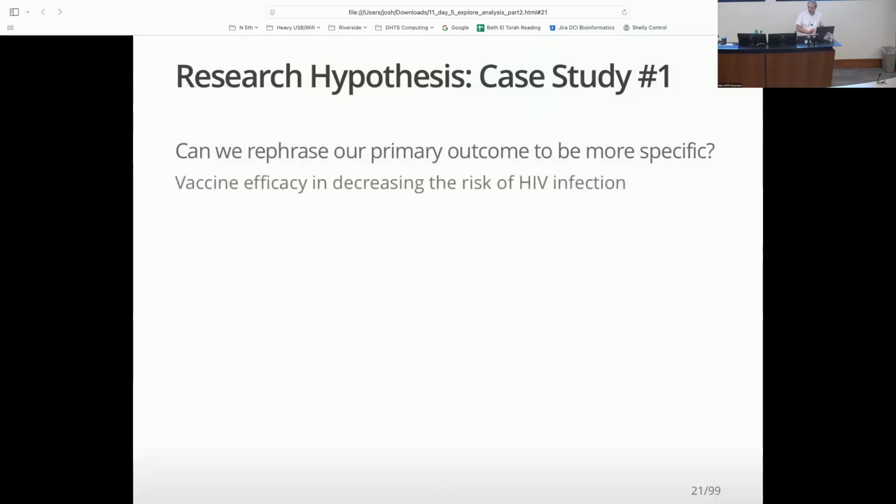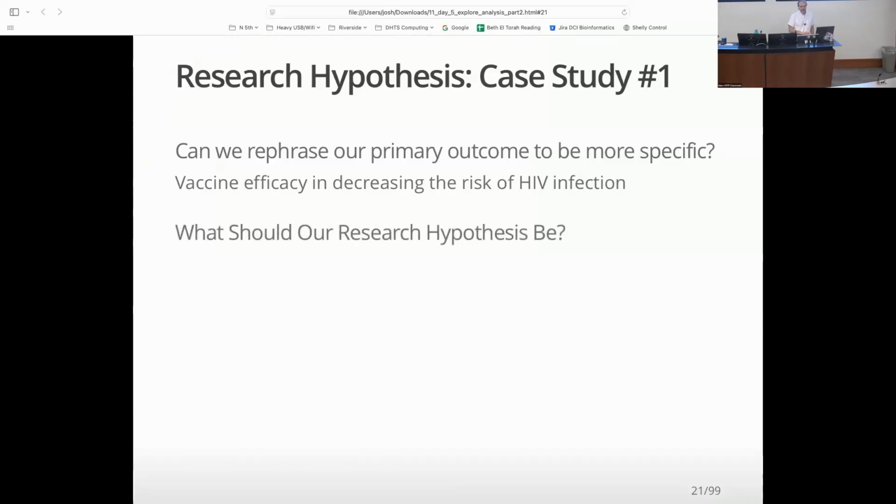Okay, so I'll tell you what I came up with. The primary outcome that I came up with is vaccine efficacy in decreasing the risk of HIV infection, right? That the vaccine is efficacious in decreasing the risk of HIV infection.